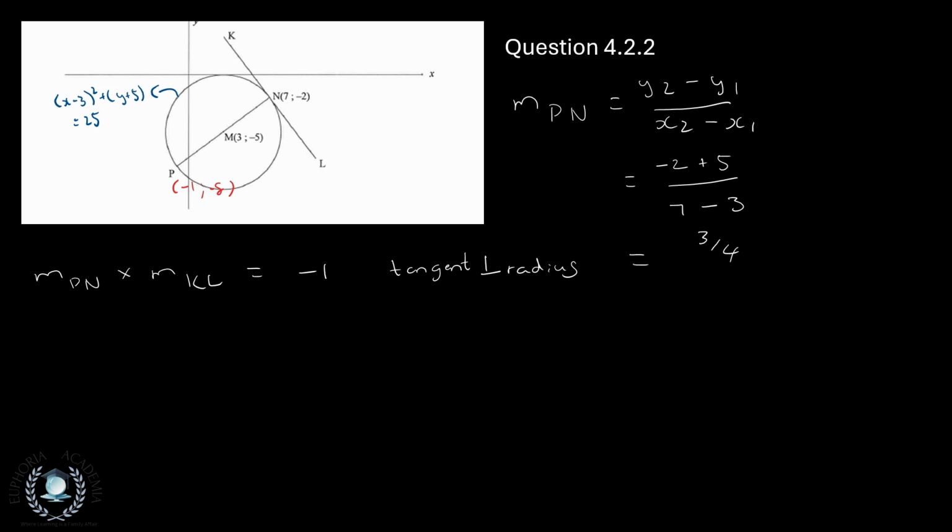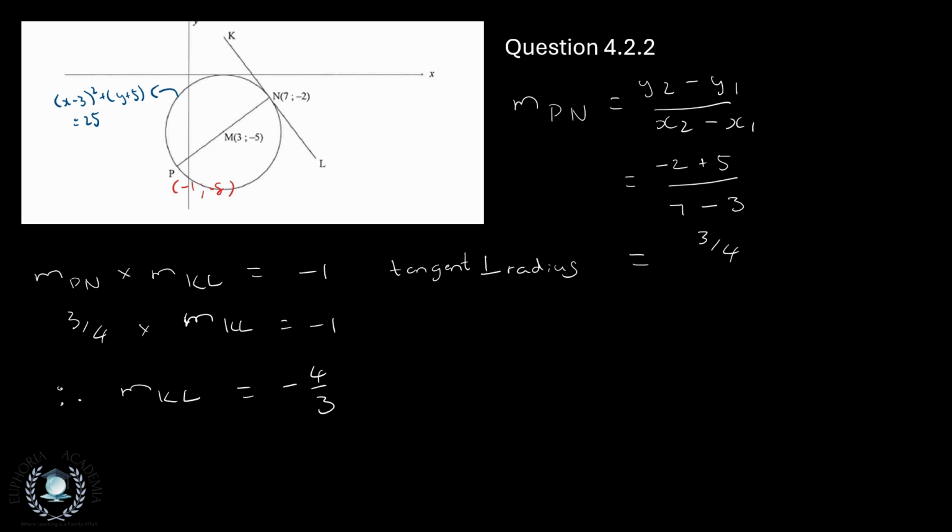Alright, so that is going to be 3/4 times m_KL, which is going to be -1. Therefore, the gradient of the line KL is going to be -4/3. And we have the gradient and we have a point on the line.